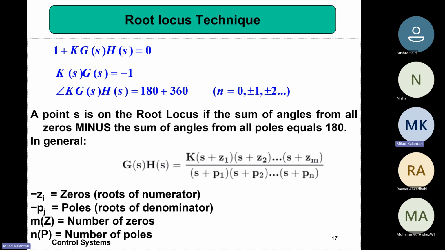So let's see how we can systematically try to find the root locations. First of all, we have the open loop transfer function, and we can write it like this. We separate all the poles and zeros of the open loop transfer function first, right?